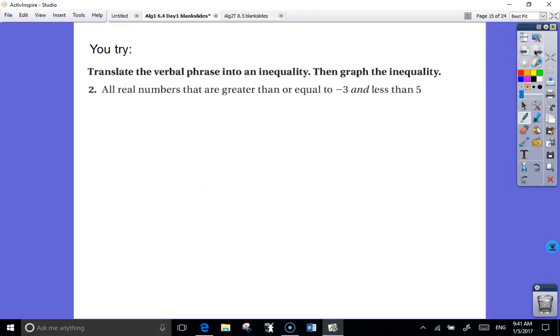Okay, try this one. All right, this is an AND. Greater than or equal to -3, less than 5.